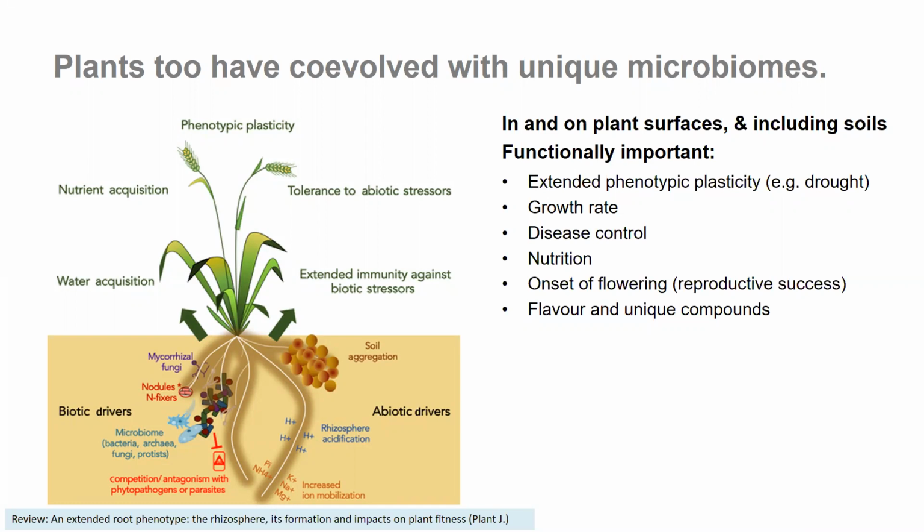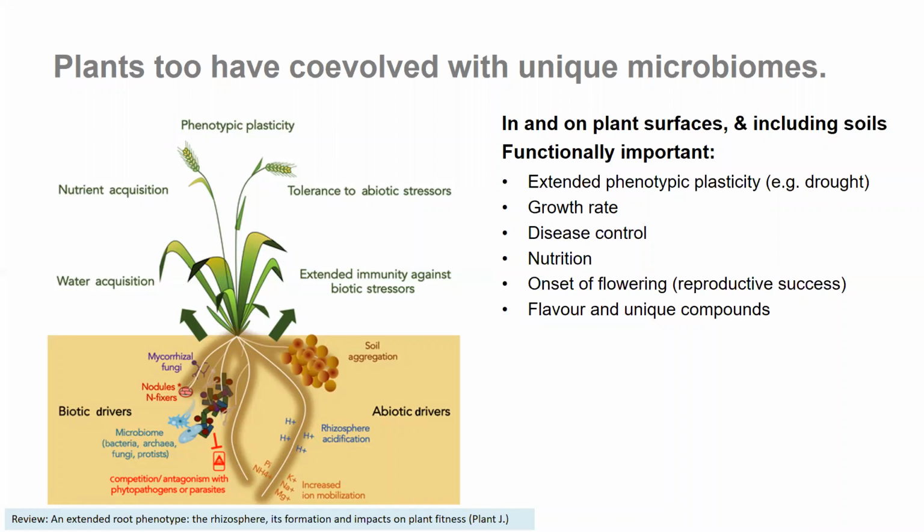The microbiome can change the growth rate of plants, whether that's positive or negative. Of course, we want it to be positive most of the time. The microbiome has a role in causing disease, and also disease suppression, nutrition, right through to regulating the onset of flowering in certain plant species.